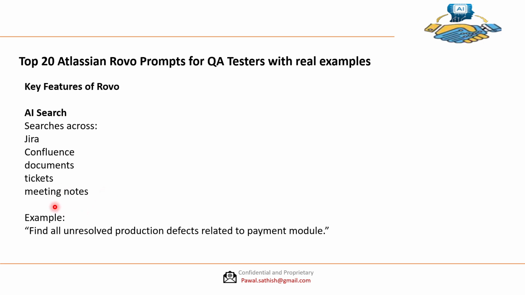If we need to give a prompt, we give it in a simple way: find all unresolved production defects related to the payment module. Using AI search, Rovo will give the output for all unresolved production defects related to the payment module that I explicitly mentioned.